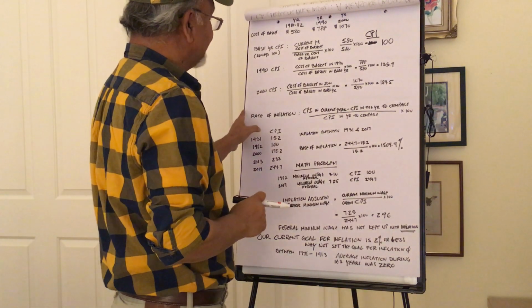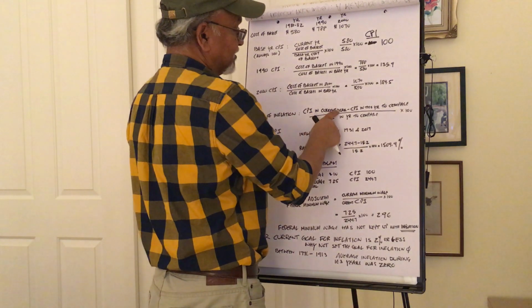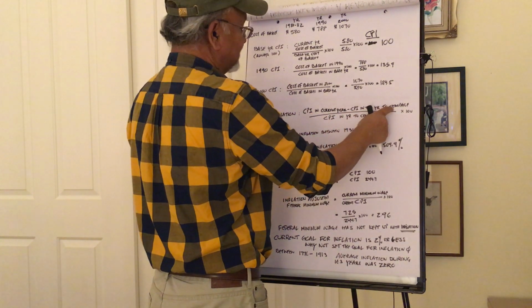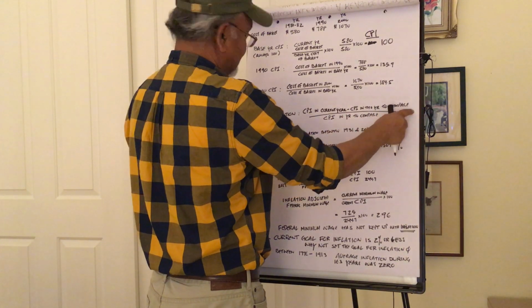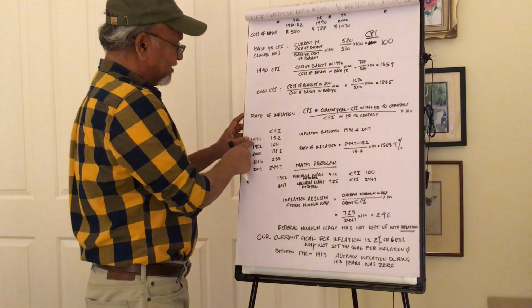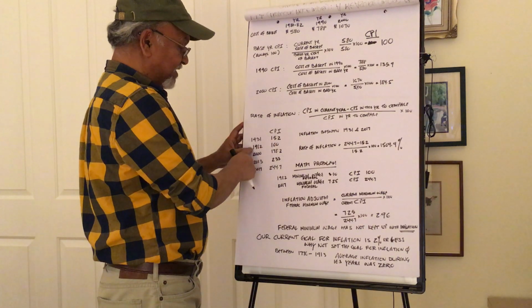So how do we figure the rate of inflation? This is the formula you should remember: CPI in current year minus CPI in the year to compare, divided by CPI in the year to compare, times 100. So here I have some CPI numbers for you. In 1931 it is 15.2, 1982 is 100, which is the base year.